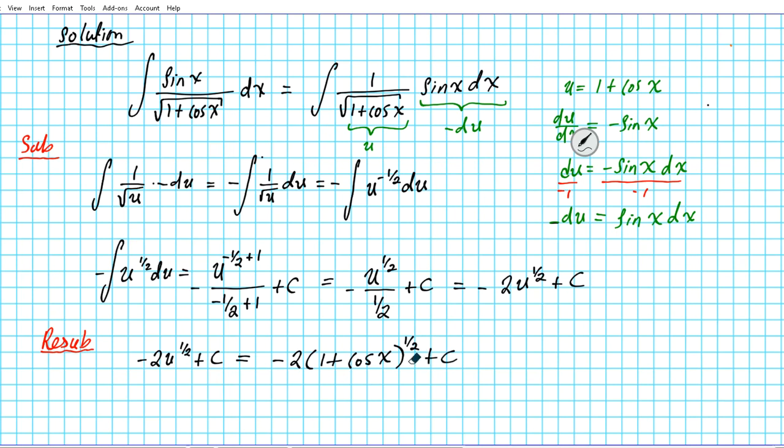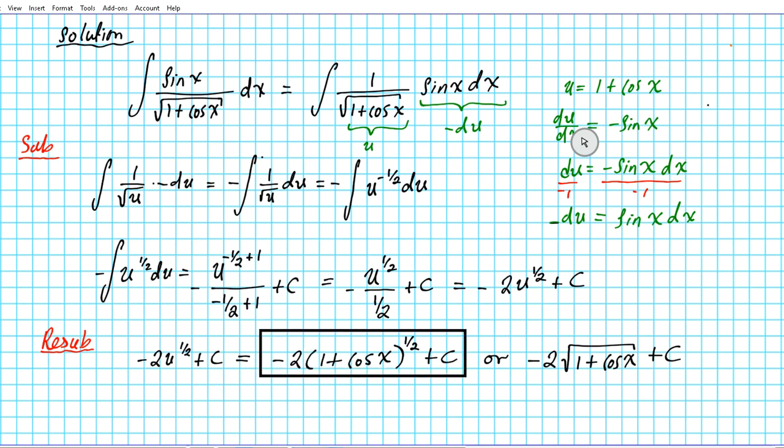You can write this in this format using rational exponents, or you can say negative 2 times the square root of 1 plus cosine x plus c. Whichever format you write it, that is correct. Ladies and gentlemen, this is the answer to question number 1 on how to use the U substitution integration method.